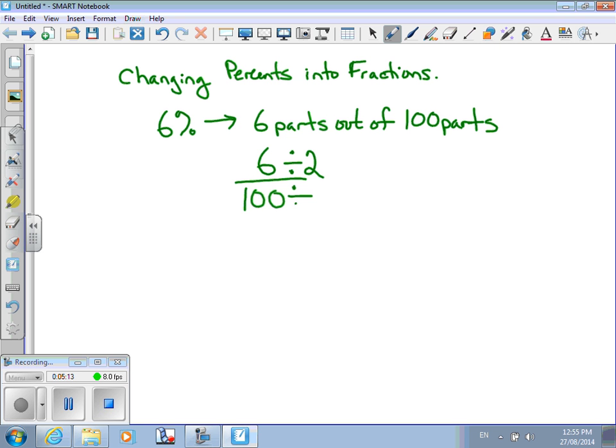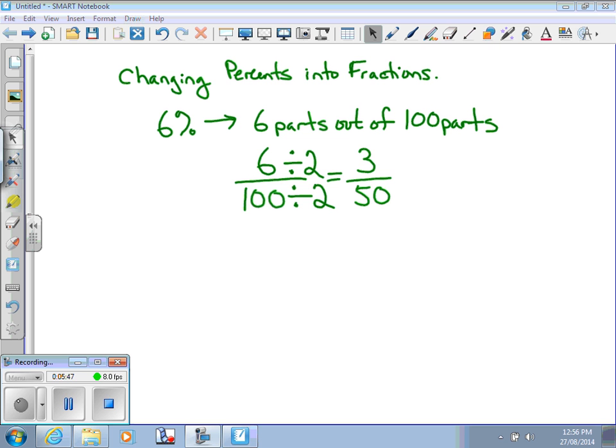Remember that you can reduce a fraction as long as you can find a single number that divides into both the numerator and the denominator, and in this case, 2 will work. So I'm going to take 6 divided by 2 to get 3, 100 divided by 2 to get 50, and so converting 6% into a fraction expressed in its lowest terms would be 3 over 50.